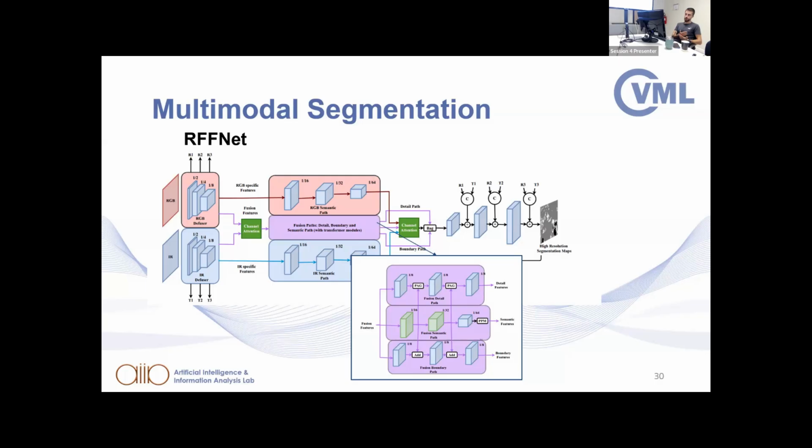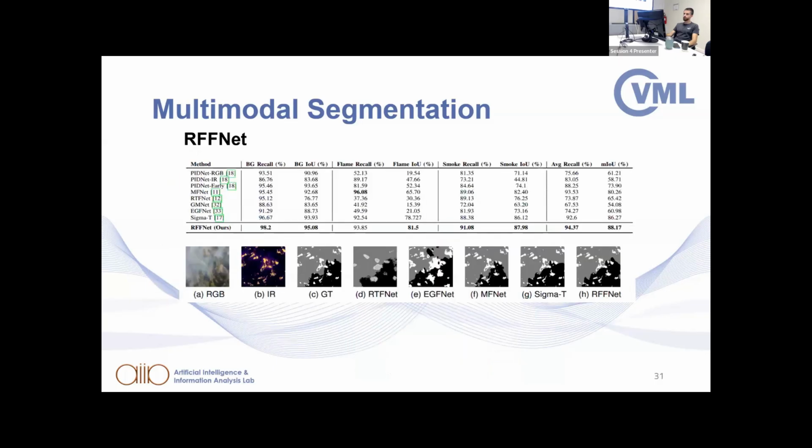This is especially important because when we want to segment both fire and smoke, if the model can easily segment smoke, smoke can give an insight to the model about where the fire would be in the image. So these long-range dependencies actually help this concurrent task of fire and smoke segmentation.